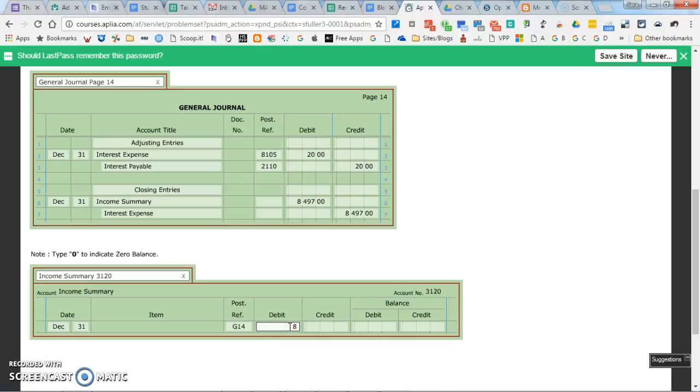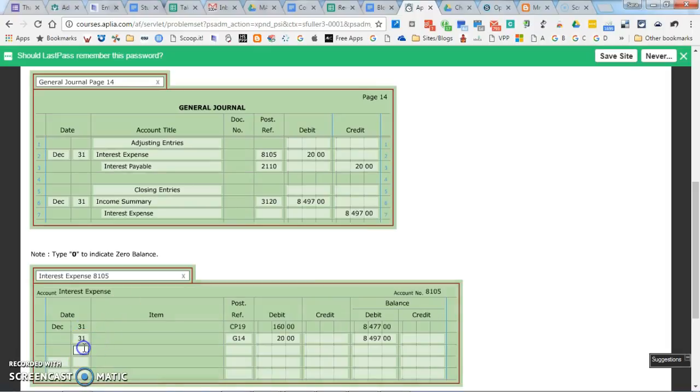Debit of $8,497. Debit balance of $8,497. And post reference 3120. Okay, and then we have interest expense again. So our date's the 31st. G14. A credit of $8,497, which means our debit balance would now be 0. Our post reference is 8105.